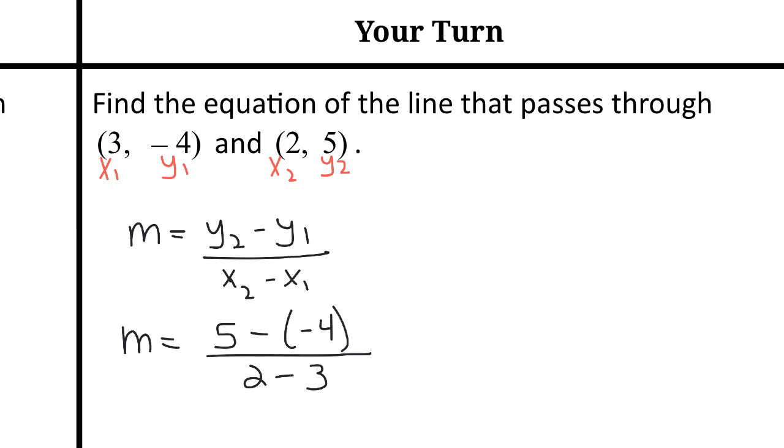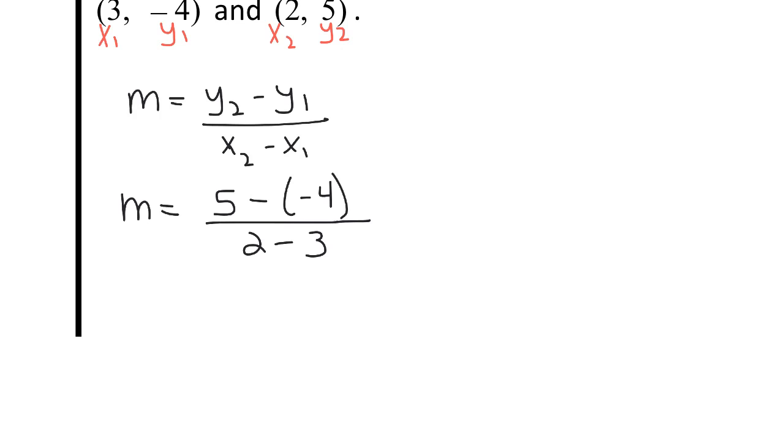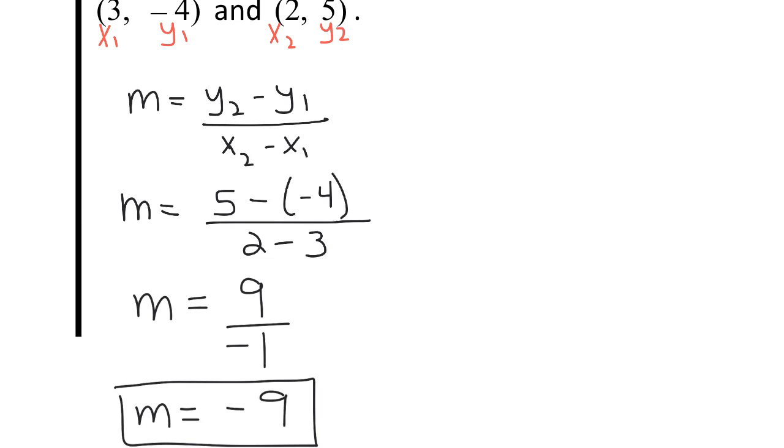So if I go ahead and calculate this, my slope is going to work out to be 5 minus -4 in the numerator. 5 minus -4 is a positive 9. And in the denominator, we have 2 minus 3, which is -1. So for the slope, 9 divided by -1 is -9.